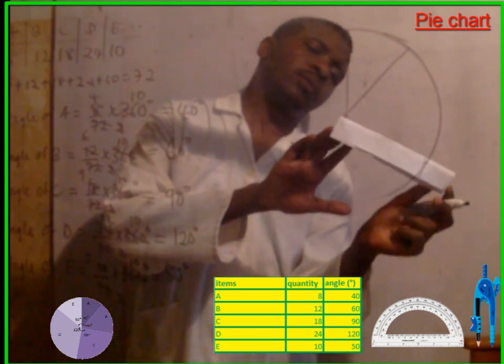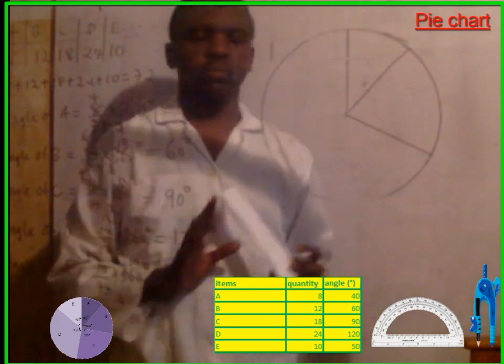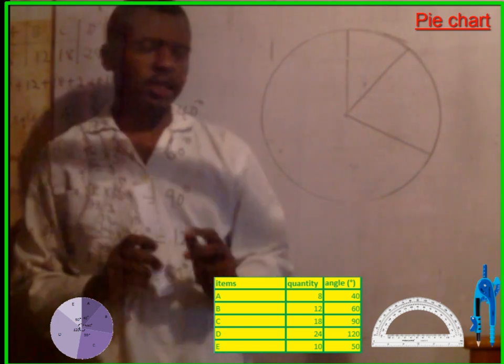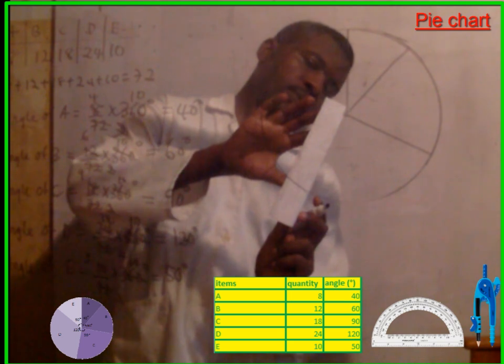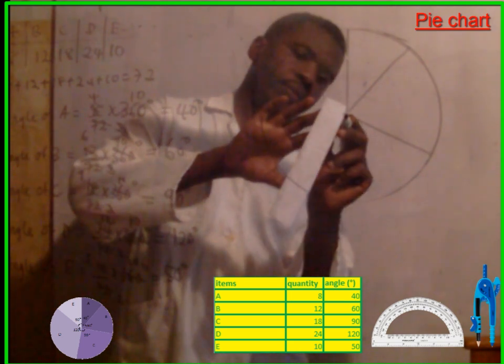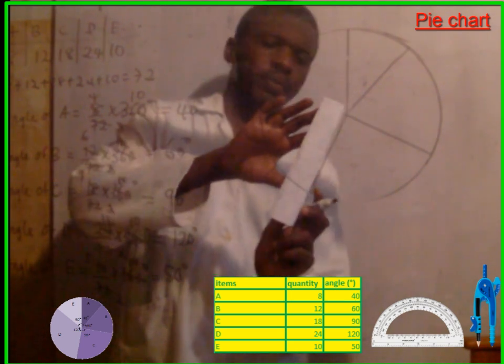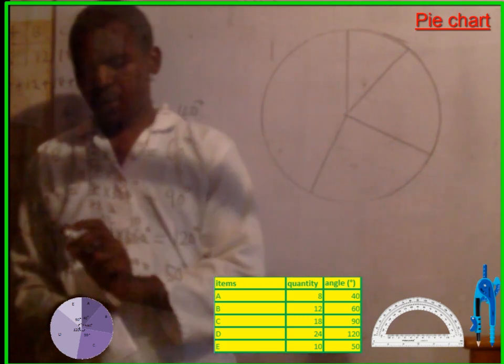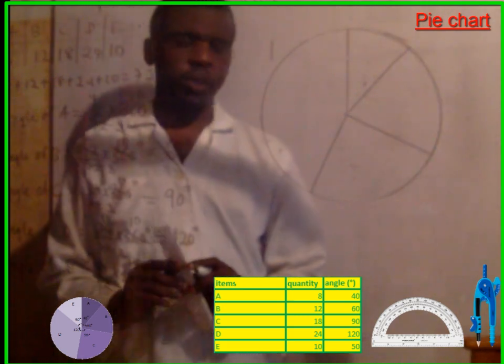I use a compass to measure that angle. The next one measures 90 degrees. The next one, D, measures 120 degrees.